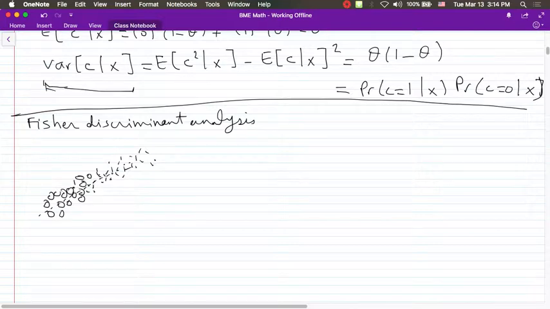I'm going to draw it with a dashed line here. If you were to project your data onto that axis and you look at the distribution of the data, so here's the data that belongs to one class, here's the data that belongs to another class, after you projected it, the means of the distributions that you get are as far apart as possible.